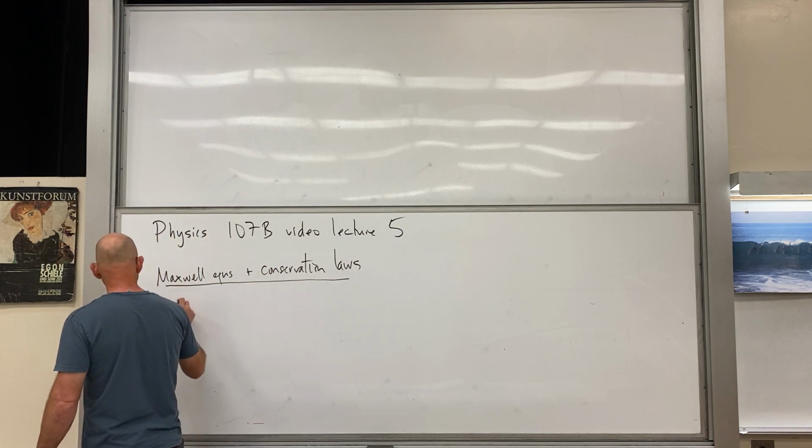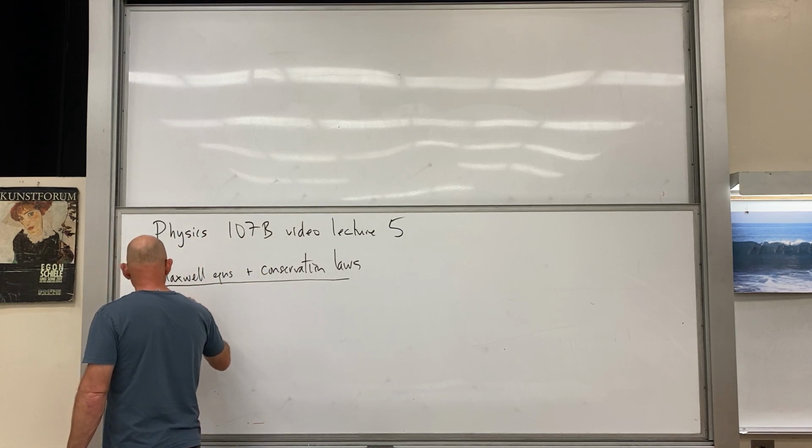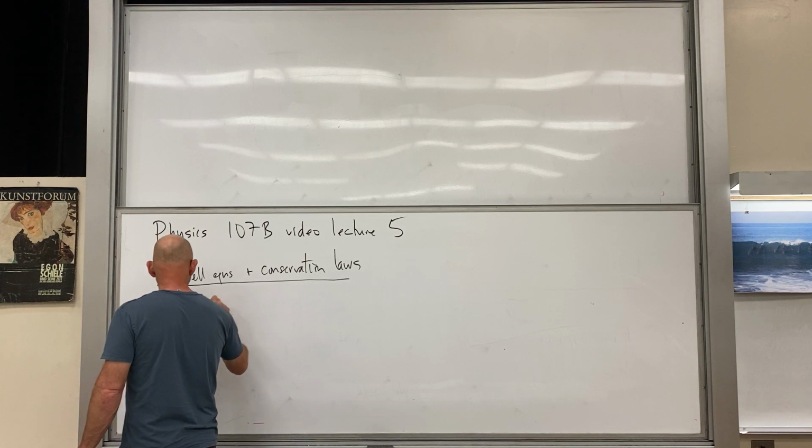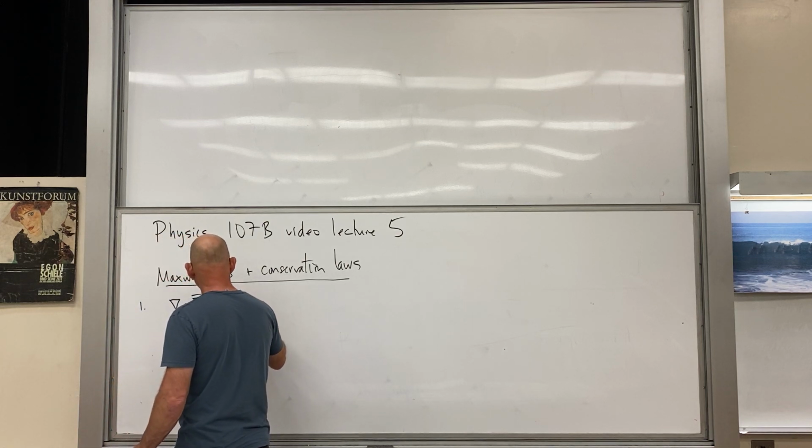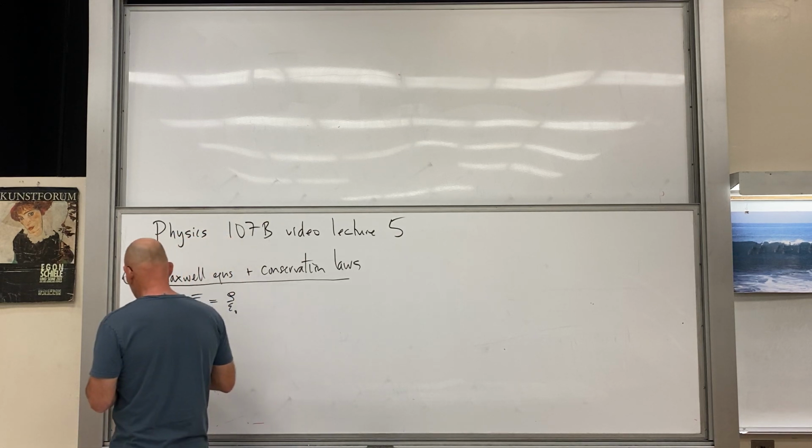First of all, we'll just write down divergence of E equals rho over epsilon naught and work our way through.